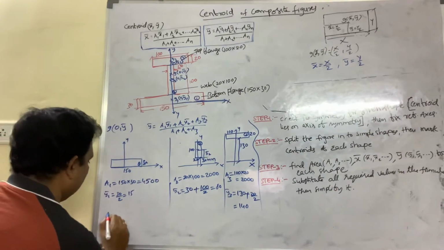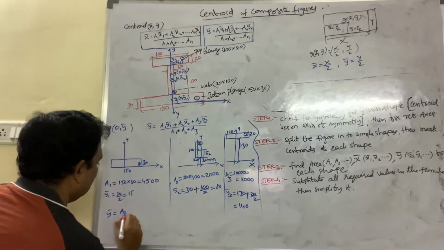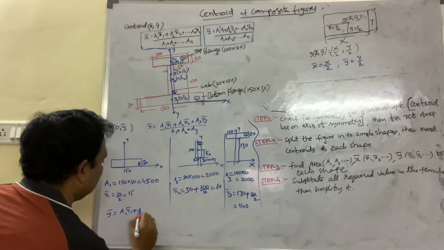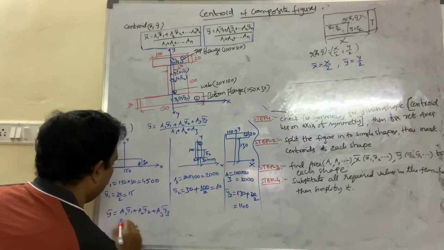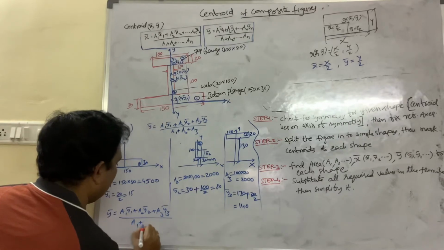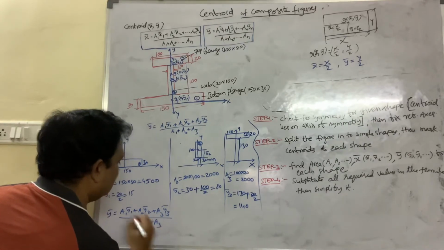After knowing all these values, the final step is to substitute all values in the main formula, then find the centroid and simplify. So y bar is A1 y1 bar plus A2 y2 bar plus A3 y3 bar by the addition of all areas.